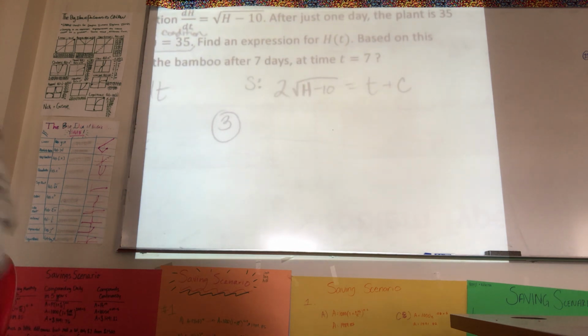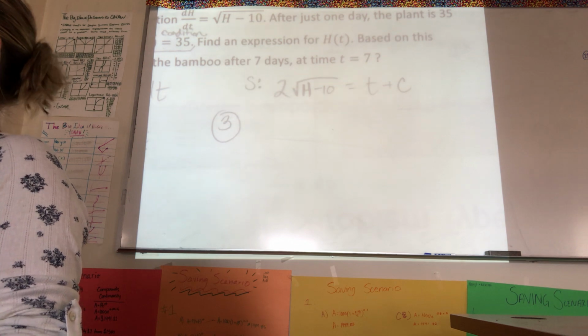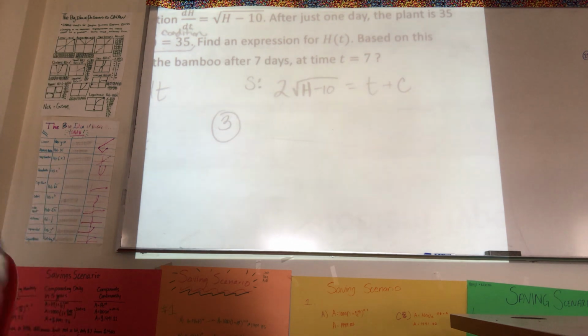Okay, so obviously after step 2 is step 3. What's step 3? Solve for C. Yep. Keep going. You're doing so well. Alright, let's plug in. Let's plug in.